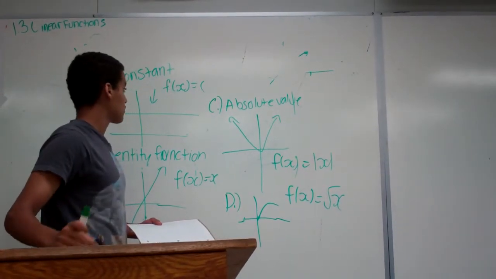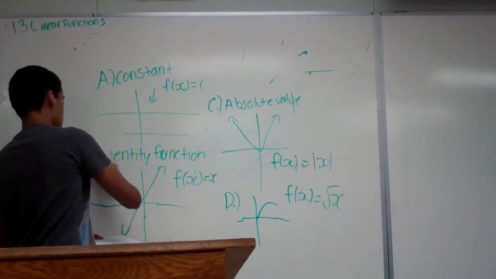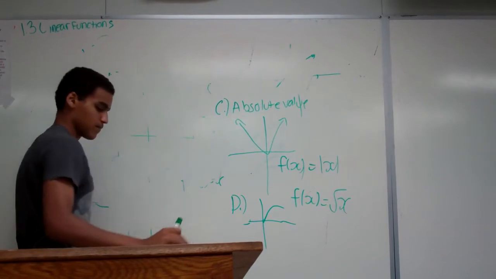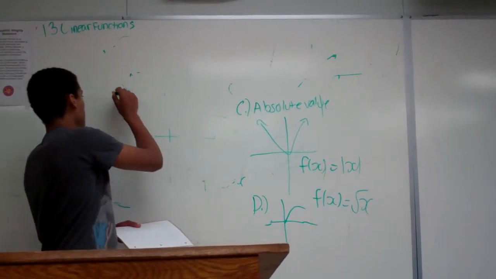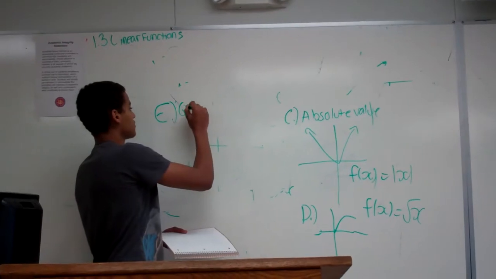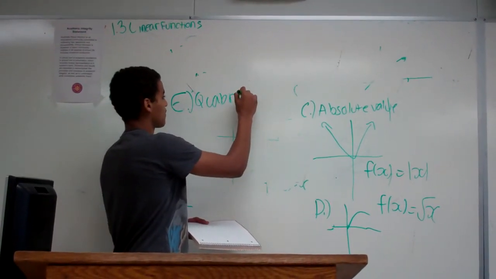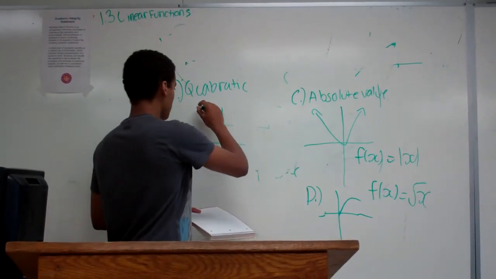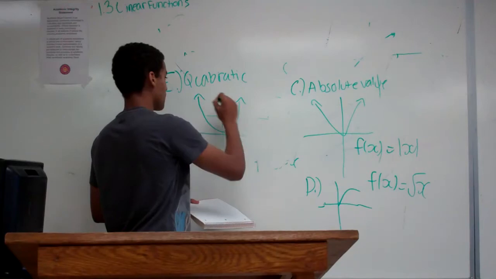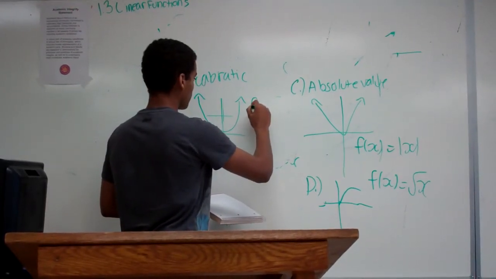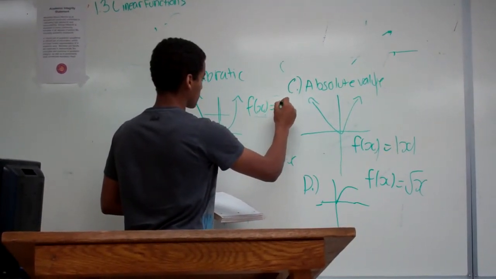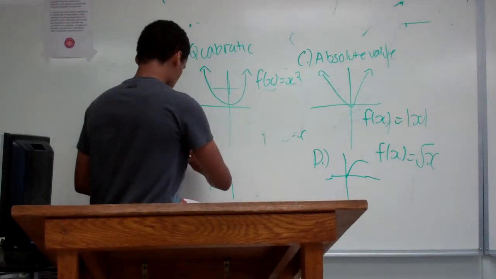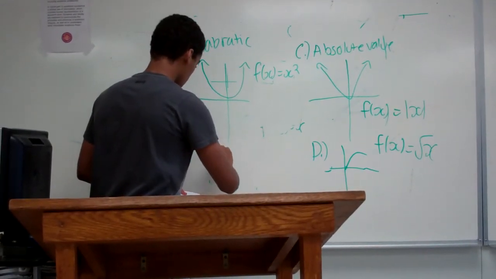And we still have the quadratic function, and this function is something like this, and this would be f of x equals x squared, and then a cubic function.